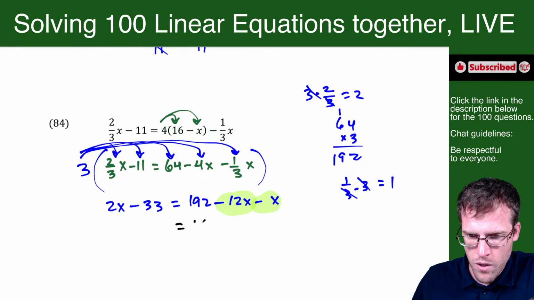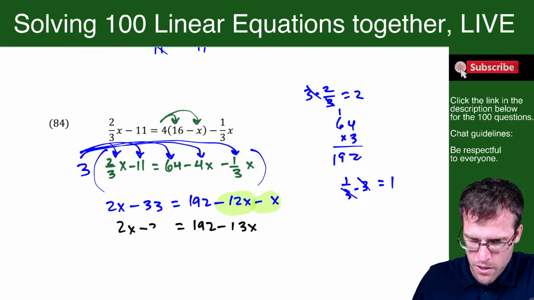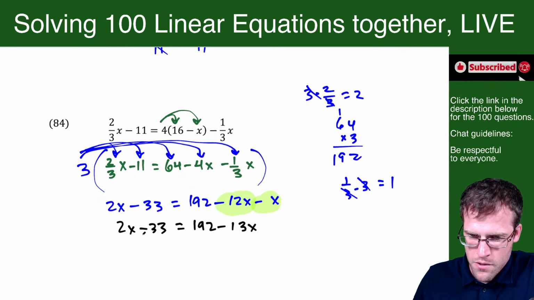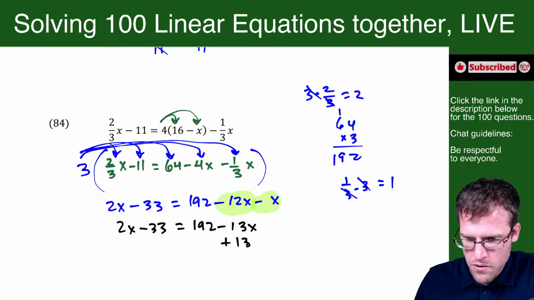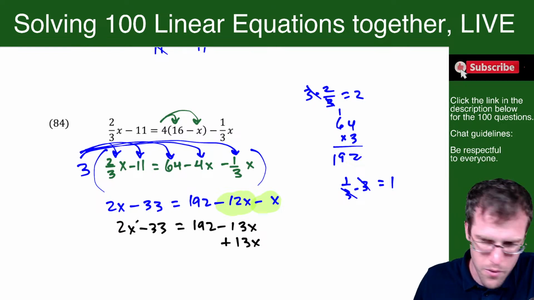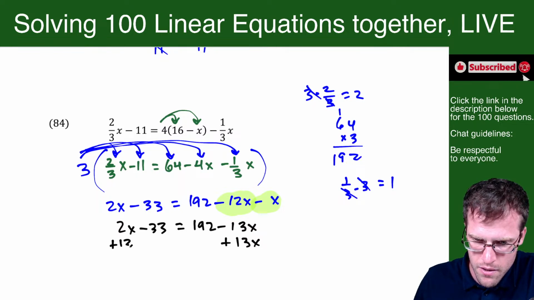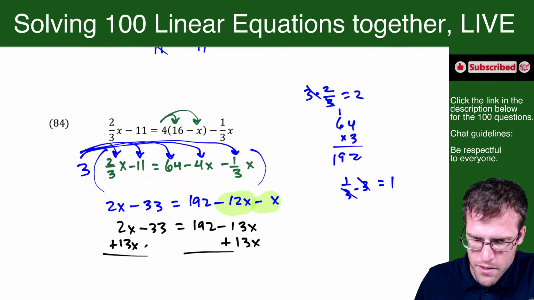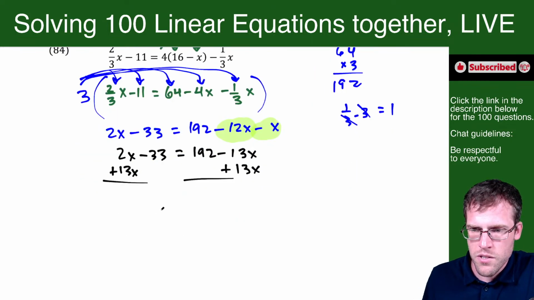All right, so now we have minus 12x minus 1x. So we're going to have 192 minus 13x, and then 2x minus 33. So now here, we could do plus 13x on both sides. Let's see where this brings us.